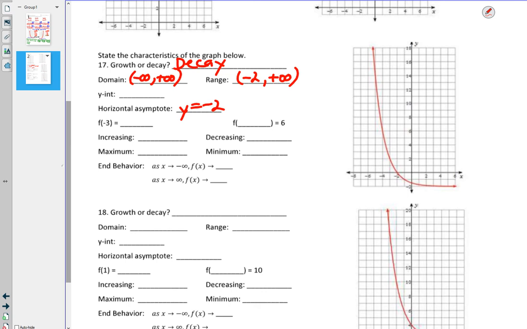But I'm not going to make you do that. So for this one, you can put -1/2, or -1.5, which is -3/2, but you don't know. There's no way to really know that.